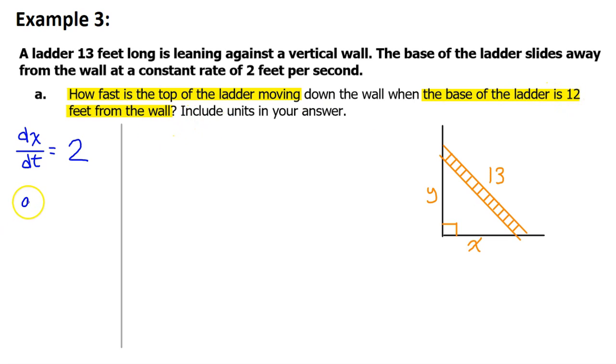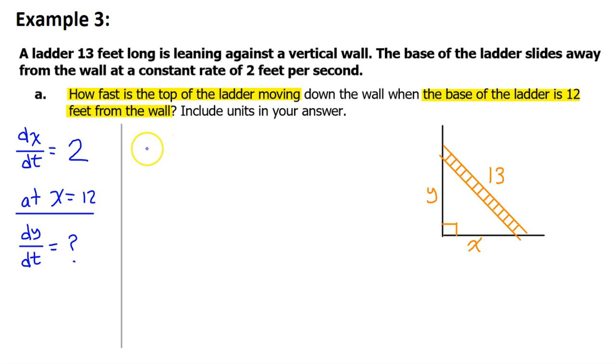In other words, at x equals 12, since we defined x as the distance between the base of the ladder and the wall. We should also include what we are being asked to find, which is the rate of change of the top of the ladder. So that's going to be the rate of change of this distance y. In other words, we are looking for dy/dt.